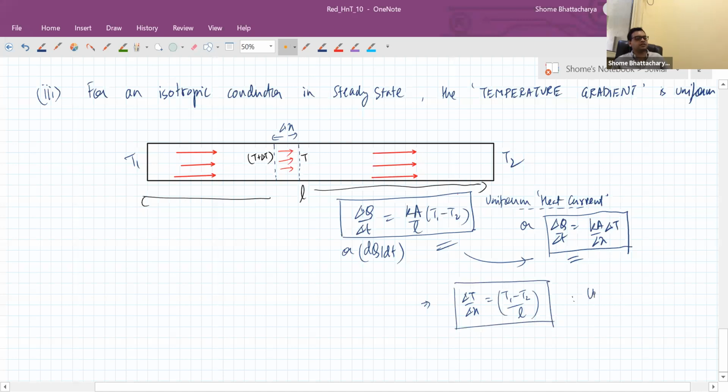So that shows that there is a uniform temperature gradient, delta T by delta x.